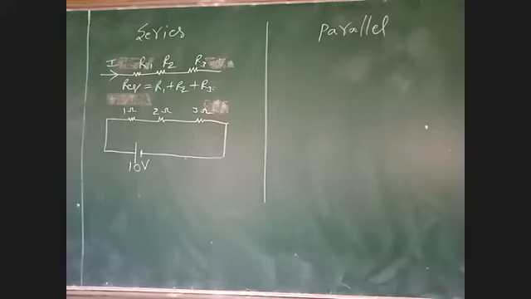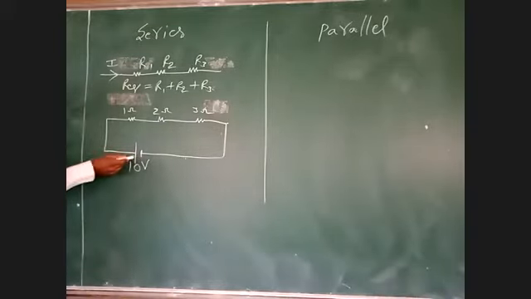Now I will determine the current. How will current flow in the circuit? Current always flows from negative to positive terminal of the voltage source.